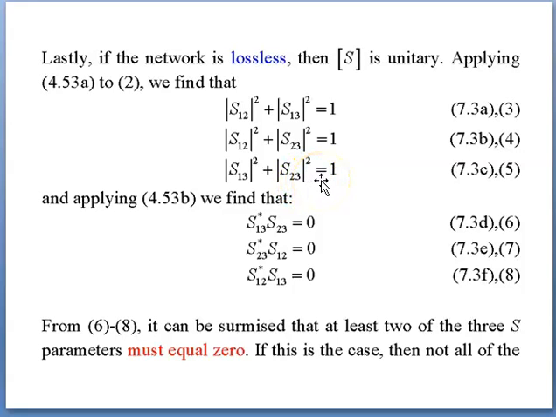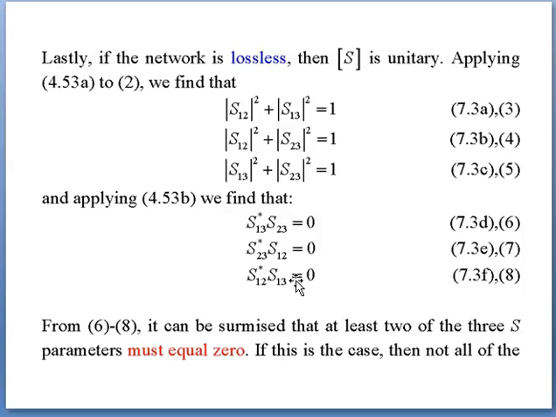By applying all those equations, you will have the conjugate of S13 times S23 equal to 0, the conjugate of S23 times S12 equal to 0, and the conjugate of S12 times S13 equal to 0.